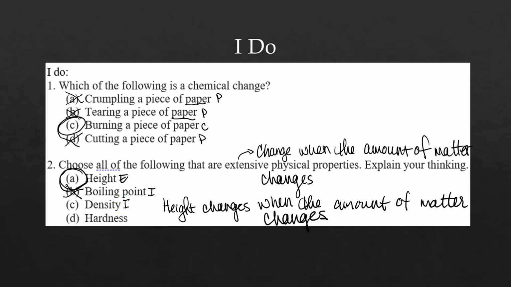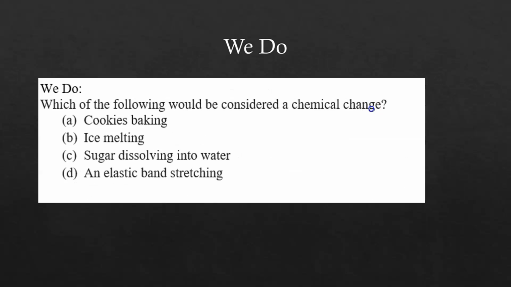The density of a cup of water and a pot of water is always going to be the same. And then hardness is an intensive property. In geology, the hardness of a mineral is listed as a specific index. That is the same for that mineral no matter what. So even from a small little rock to a really, really big rock of that same type of mineral, that hardness stays the same.